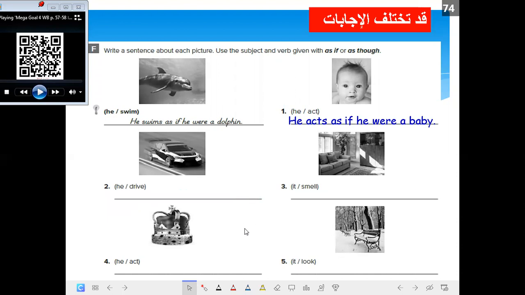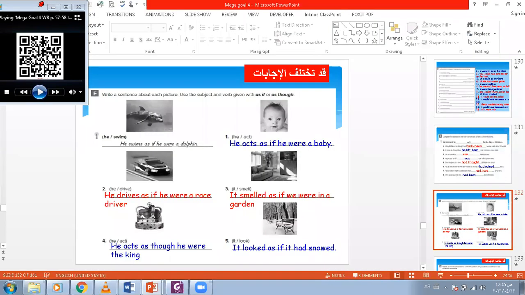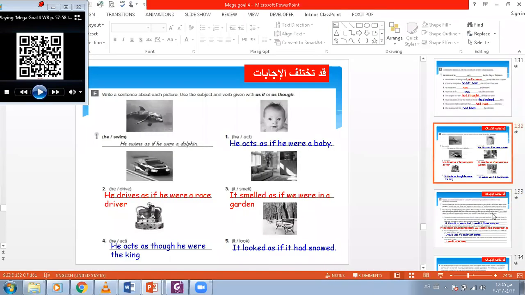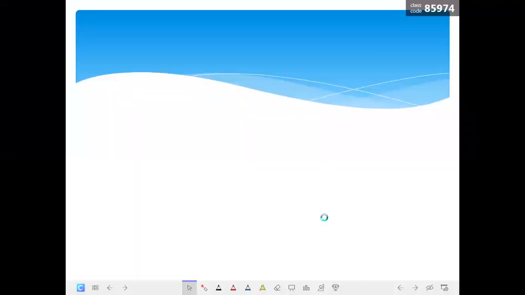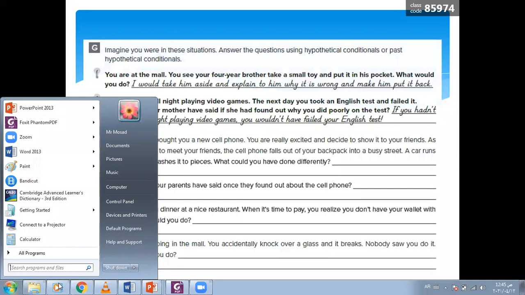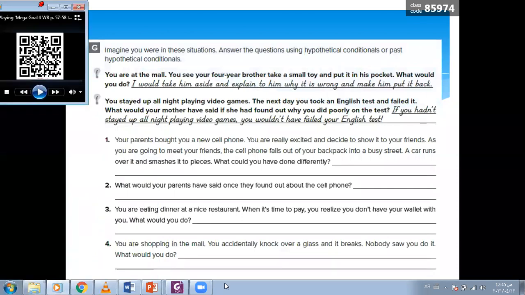Okay, and now my dear students, let's go to page number 60. I want you to open on page number 60 to answer these sentences or questions. As you see, he wants you to imagine you were in these situations. Answer the questions using hypothetical conditionals or past hypothetical conditionals.